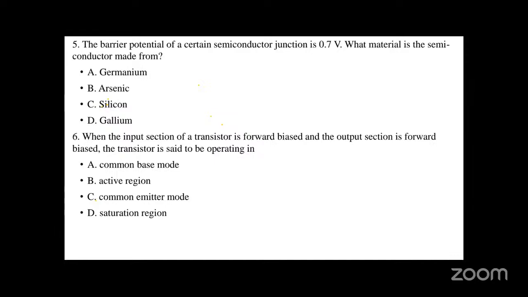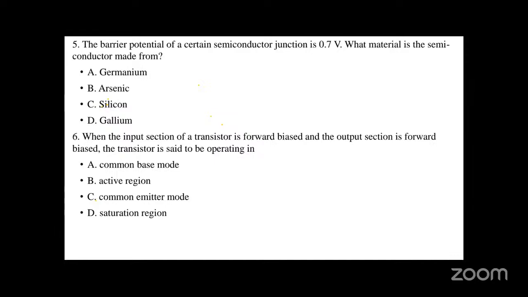The barrier potential is the same as the PN junction.